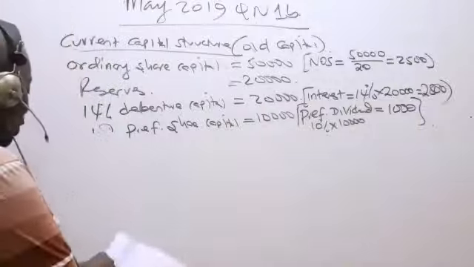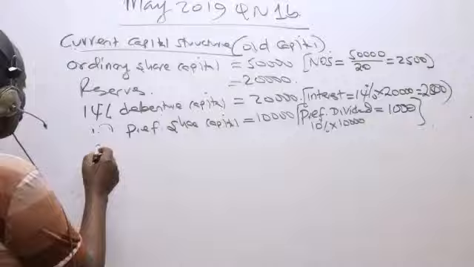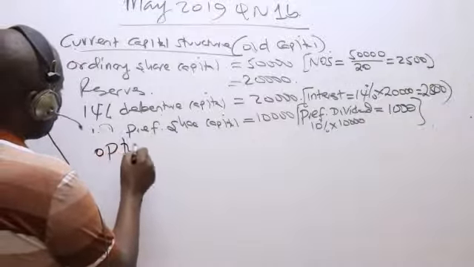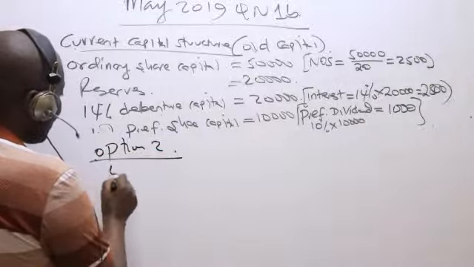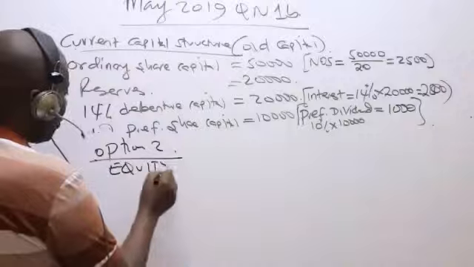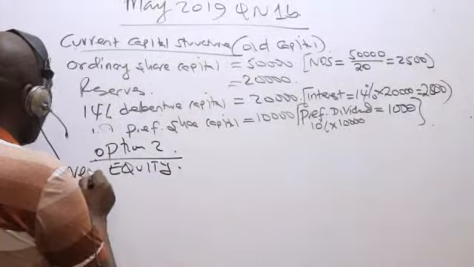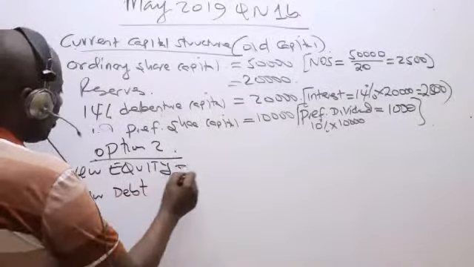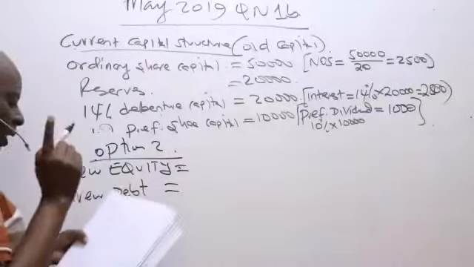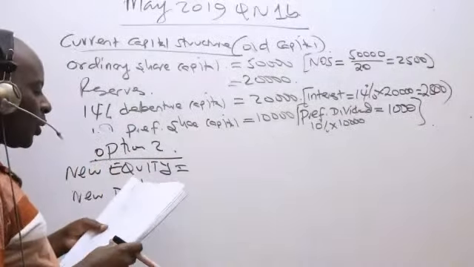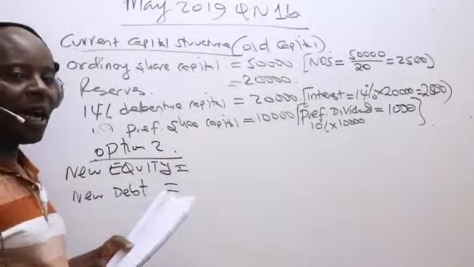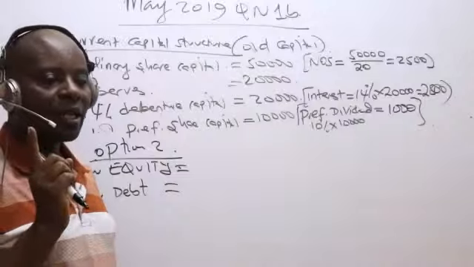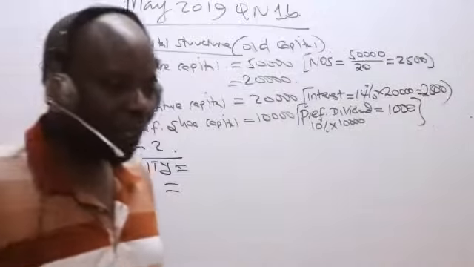Now let's go to the second arrangement. So option 2, now what happens? Try to understand option 2. We are going to have new equity and a new debt. Under option 2 is to raise half of the funds.